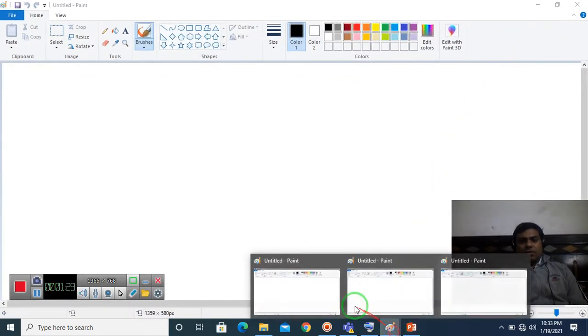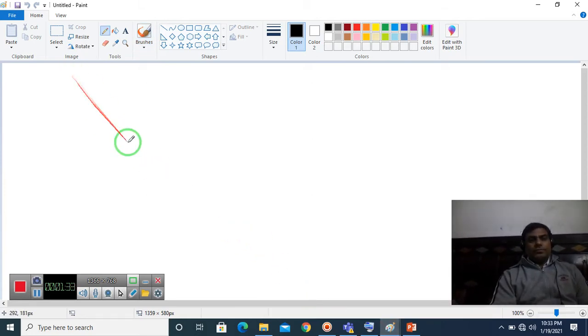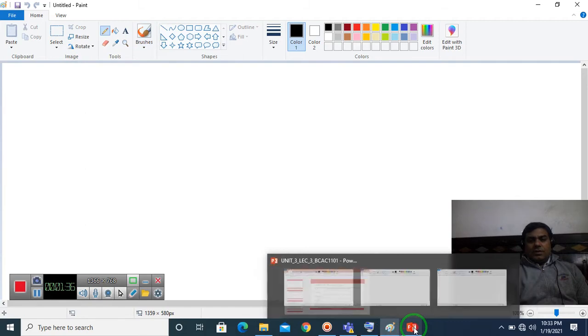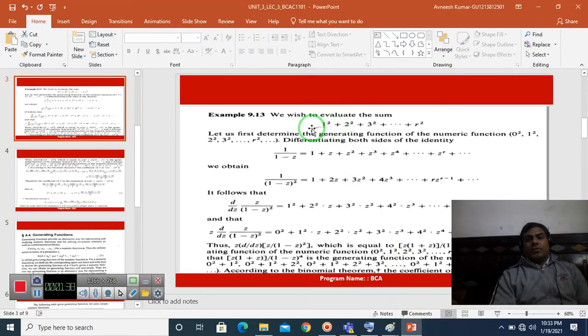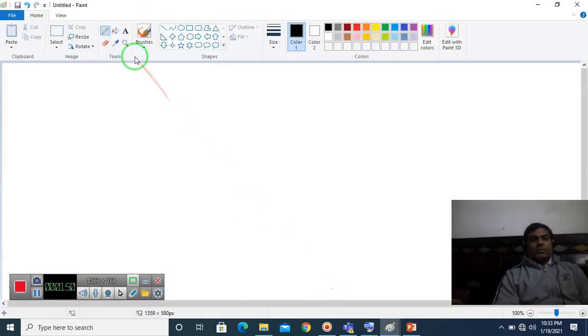Okay, now this is the first step. We want to evaluate 1 square, 2 square, 3 square and r square. So we have to make this term first. How can we make 1 square, 2 square? We are going to discuss this process.